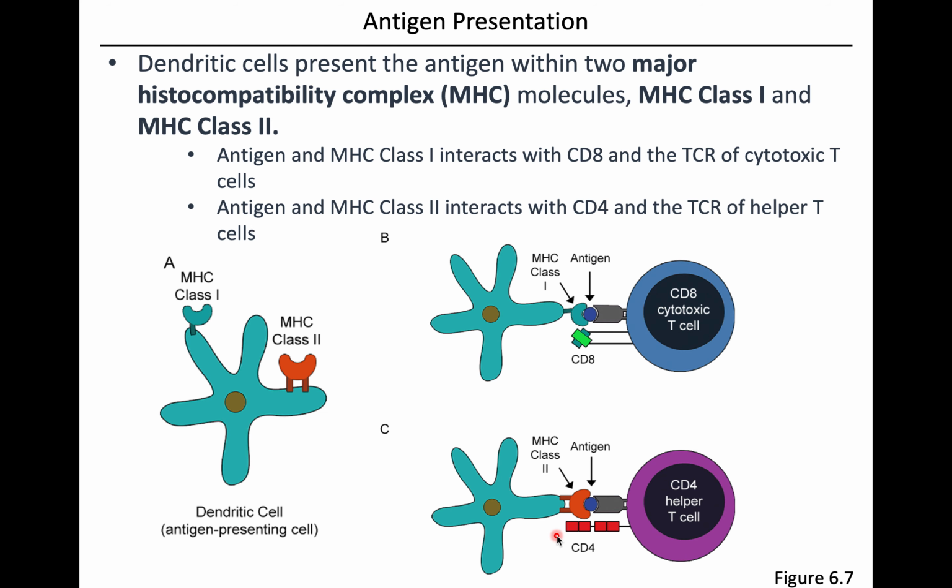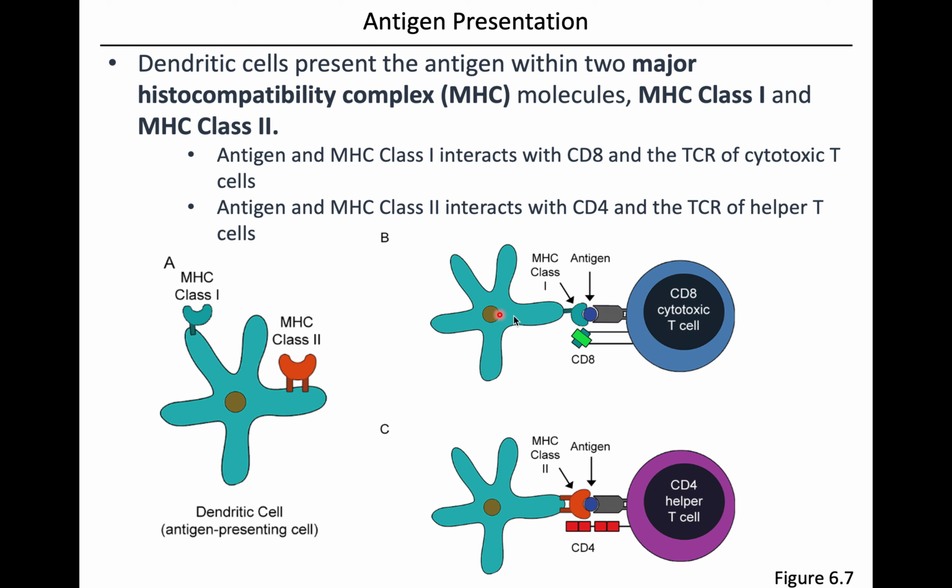If you remember the dendritic cells from the innate immune system, those were the phagocytic antigen-presenting cells that would ingest an antigen and then present it using what's called the major histocompatibility complex, the structure designed for presenting antigen. There are two different versions of the major histocompatibility complex: class 1 MHC and class 2 MHC.